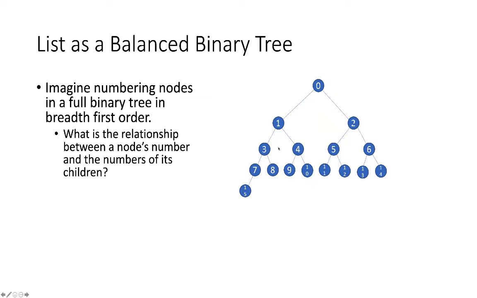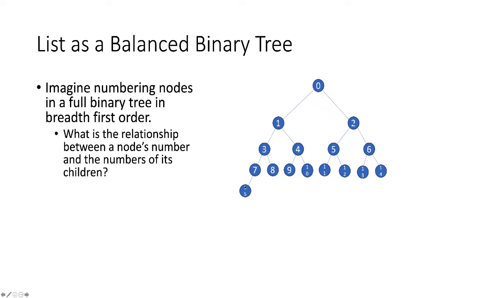So if you imagine numbering our nodes in a full tree, or a complete binary tree, starting at the top, then we start off with the root as our node 0, and then at the next level, starting from the left, we end up with node 1, and then node 2, and then again 3, 4, 5, 6 for the next level, 7 through 14 for the next level, etc. Right?